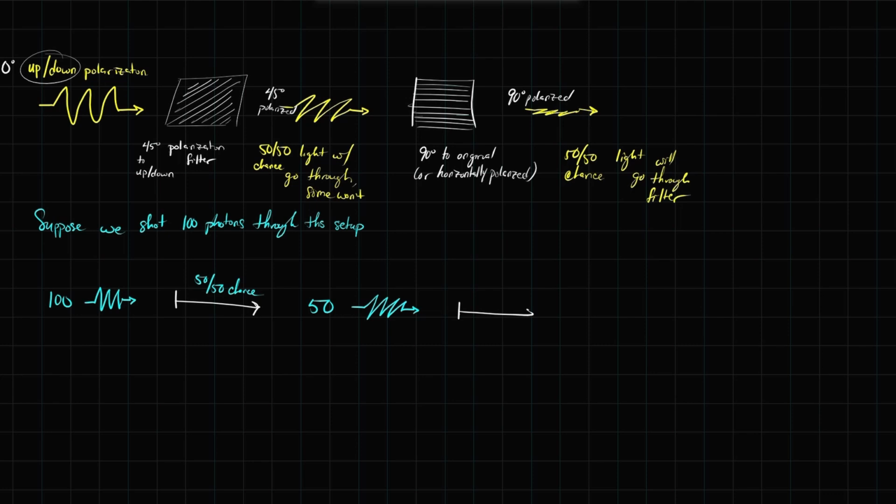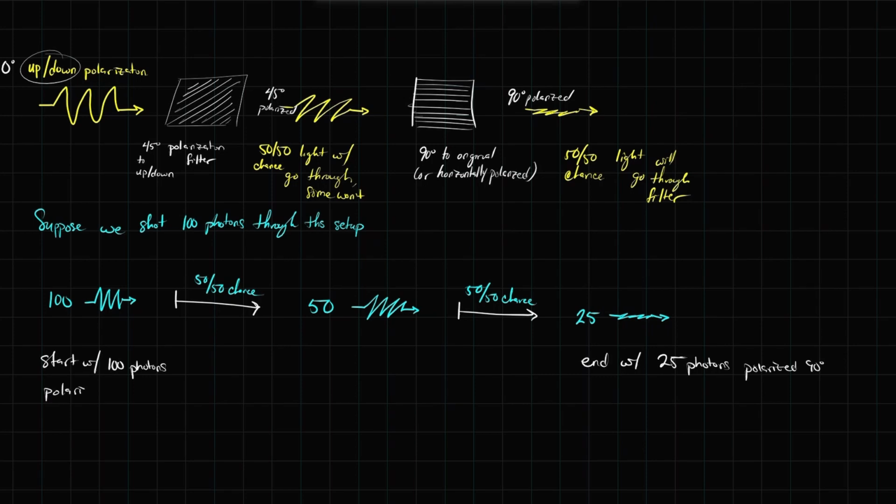And then we send them through the horizontal, and there's another 50-50 chance. So only half of the 50 remain, and we jump down to 25 photons that are horizontally polarized. So you start with 100 photons. You end with 25 photons, polarized 90 degrees away. You start with 100 polarized at 0 degrees.